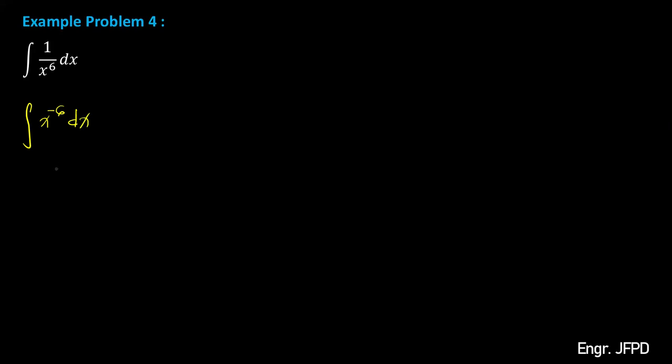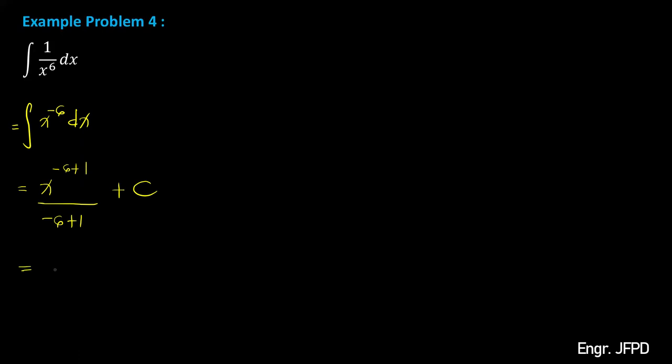And since this is in the form of x raised to n, we will just simply apply the power formula here, wherein our n is equal to the negative 6. And this will give us x raised to the negative 6 plus 1 over the negative 6 plus 1. And again, do not forget to write the plus c.